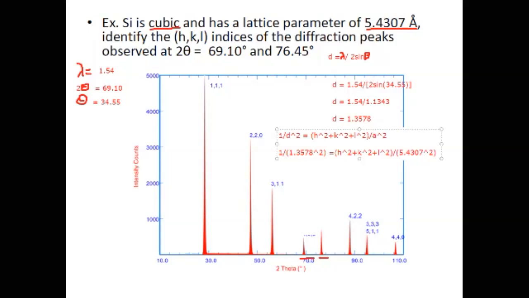So we get 0.54241 equals h squared plus k squared plus l squared divided by 2.949. Yep. So now move stuff around.